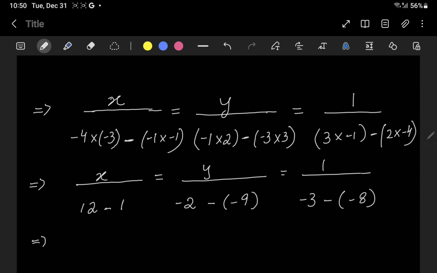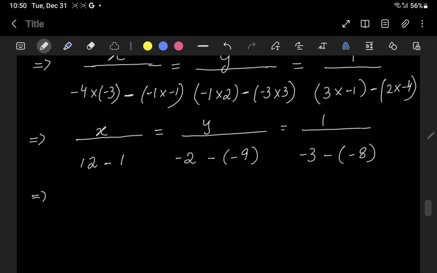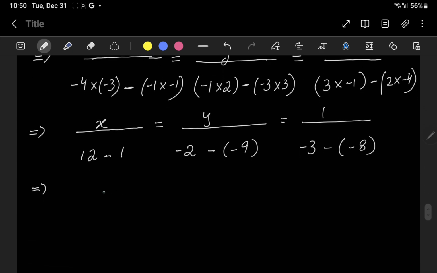In the next step again we add the numbers. x upon 12 minus 1 becomes 11, and for y, plus 9 and minus 2 becomes plus 7.